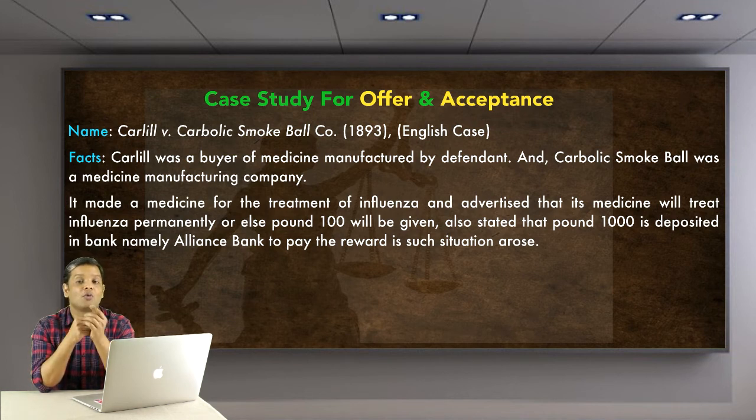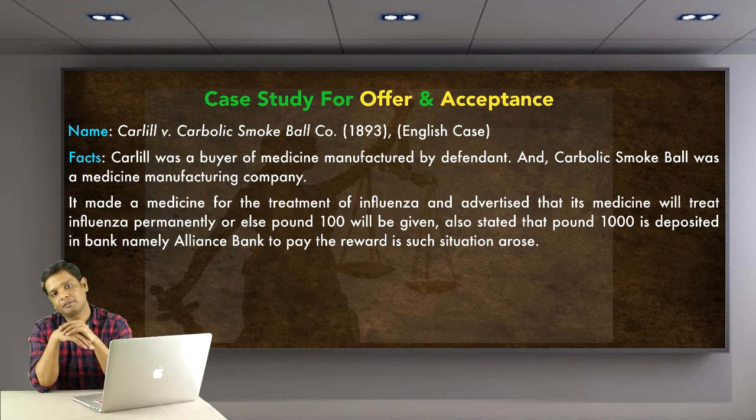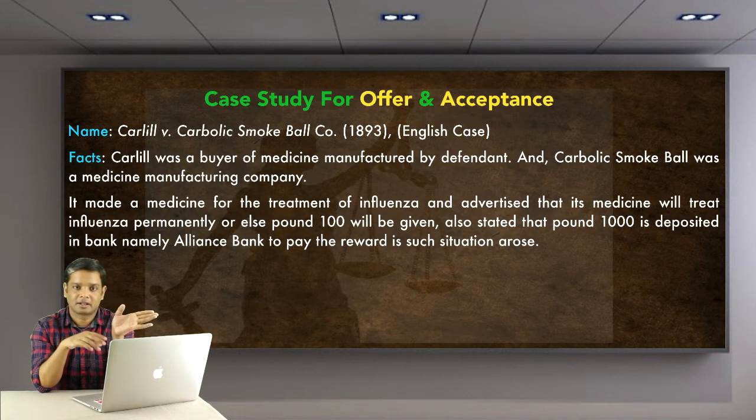And anyone who is infected by influenza again will be given a reward of £100, and for this purpose the company deposited £1,000 in the bank, namely the Alliance Bank. Okay, so whoever comes to the company with the complaint will get the reward.